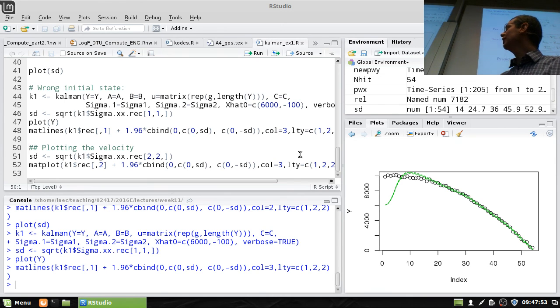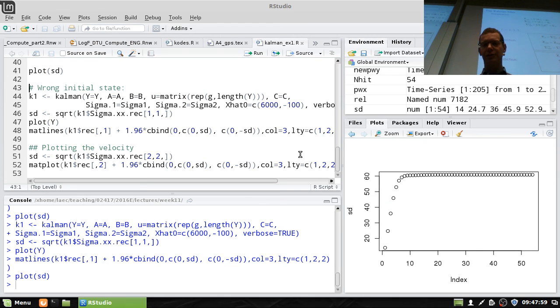So basically, if you look at the standard deviation plot as in this case, it also converges nicely to around 60, whereas the standard deviation of the observation alone was 100. So we reduced, even on the long horizon, we get something that has about half the standard deviation of the observations that we would have otherwise.